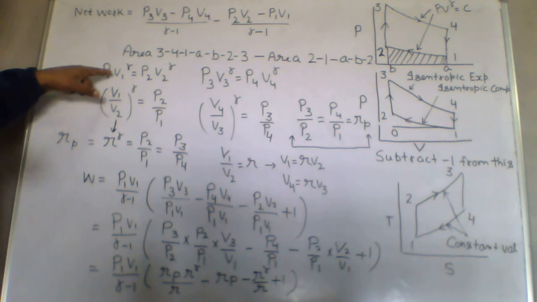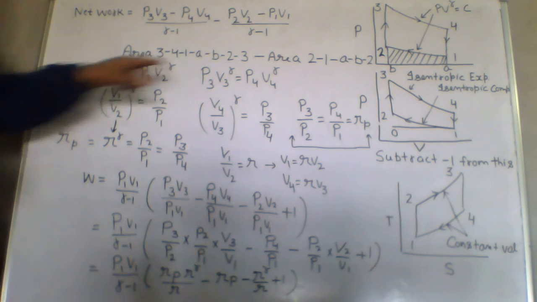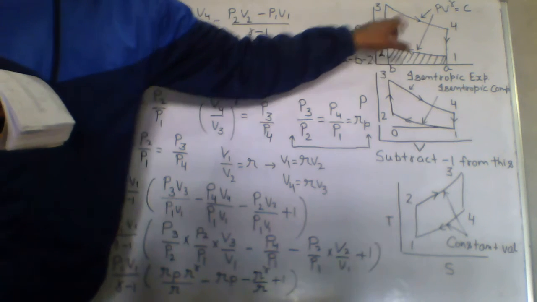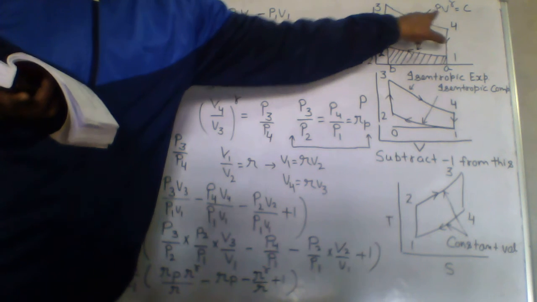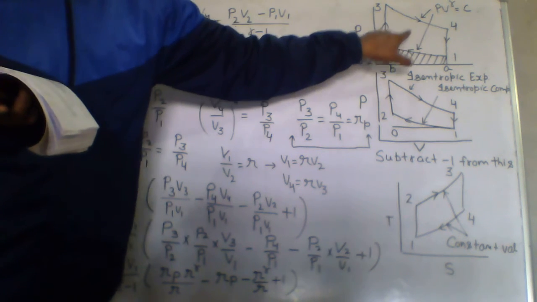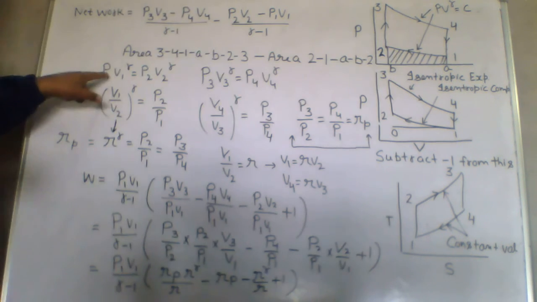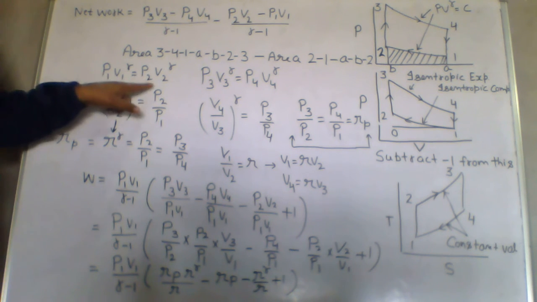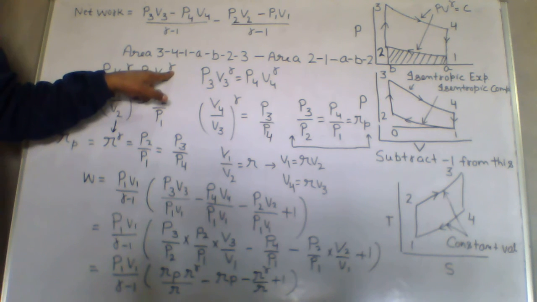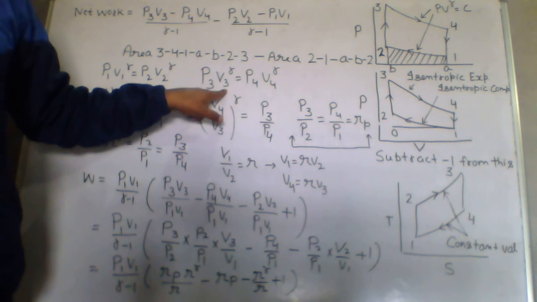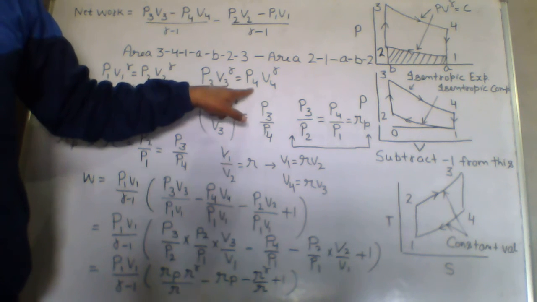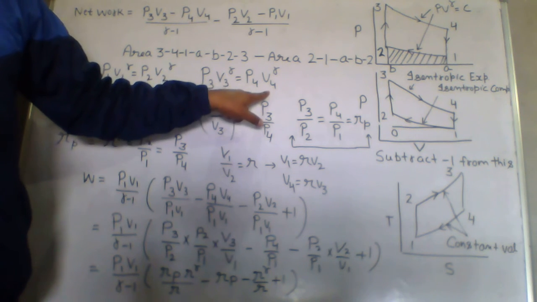Now, for isentropic expansion and compression processes, this is the condition. From 1 to 2 and 3 to 4, this equation is valid: PV raised to power gamma is equal to constant for this curve and for this curve. So we can write P1 V1 raised to power gamma is equal to P2 V2 raised to power gamma, and the same for 3 to 4, P3 V3 raised to power gamma is equal to P4 V4 raised to power gamma.